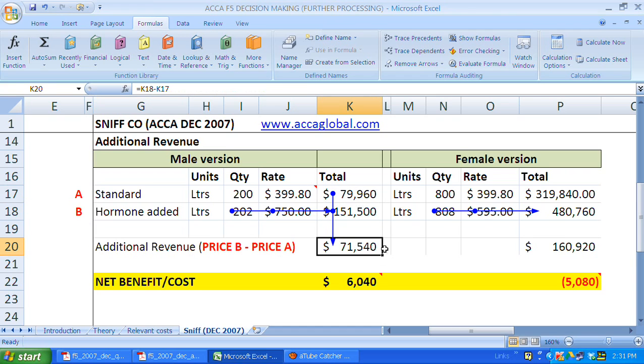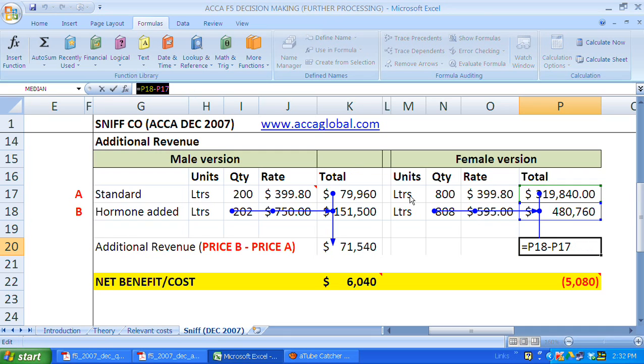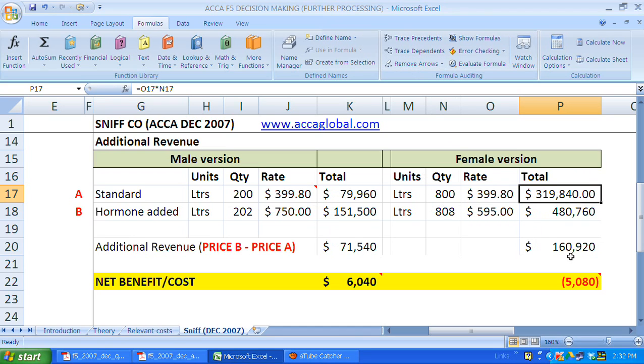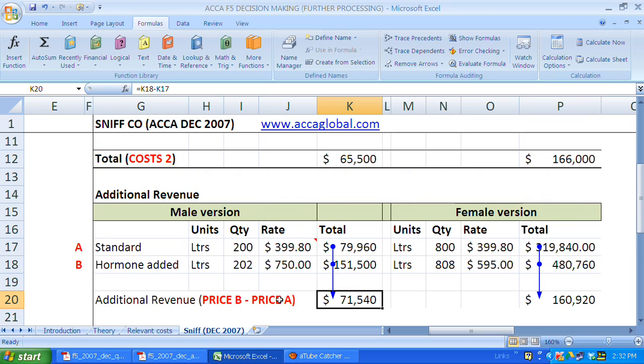So here I'm getting 7,150, and here, as you can see, is 480, minus 319. So I get 169.20. From the formula, I'm subtracting this minus this to get 160. So that is the price of B minus price of A.